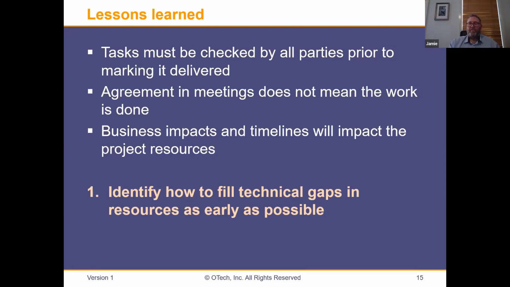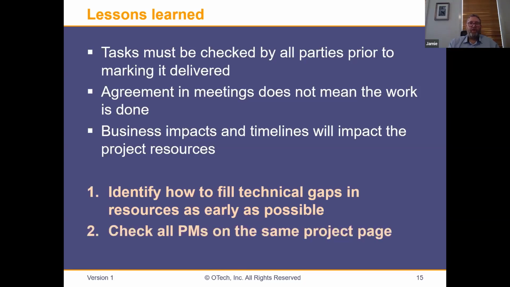And one of it is just to make sure that you identify how to fill the technical gaps in resources as early as possible. Lucky for this project, I'm a technical project manager. We pulled in the resources to get the data migration and the integration work done. Not a lot of places have that resource on tap to pull that third party in, but that is one way to get it live.